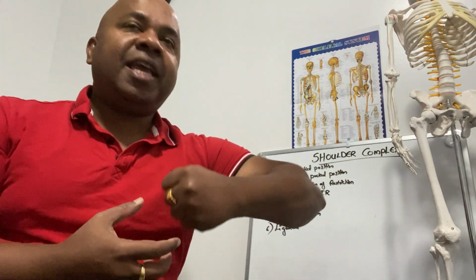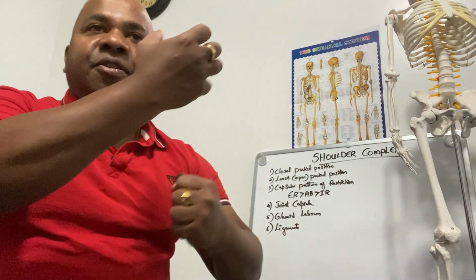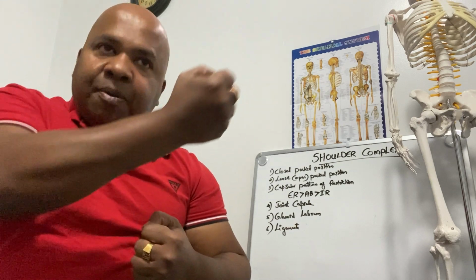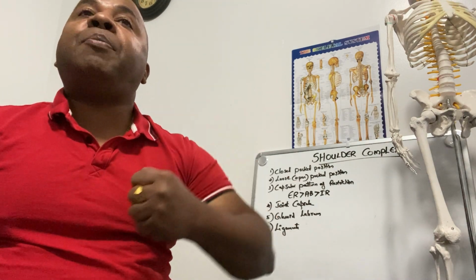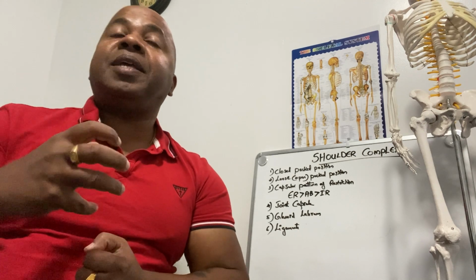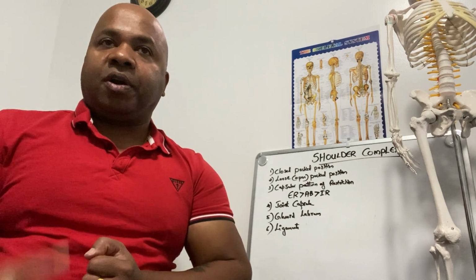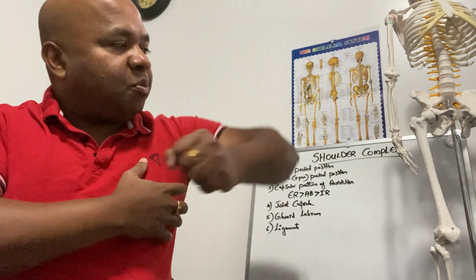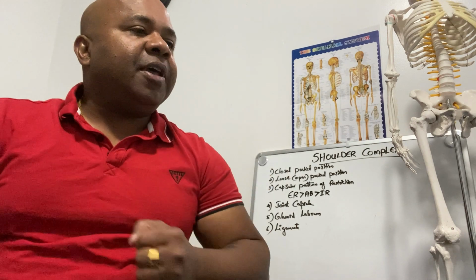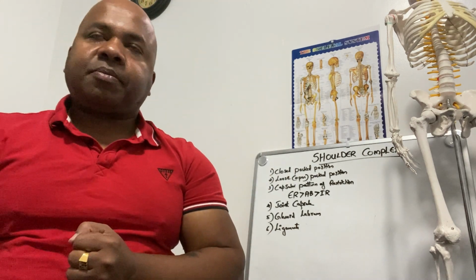When the head of the humerus moves inferiorly, the inferior glenohumeral ligament will pull the head of the humerus and prevent over abduction, thereby preventing injury to the shoulder joint. So the abduction movement is prevented by the inferior glenohumeral ligament.